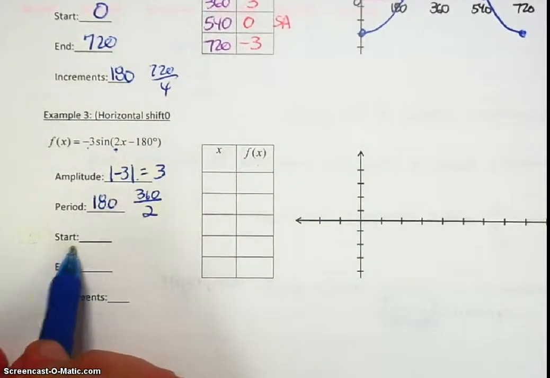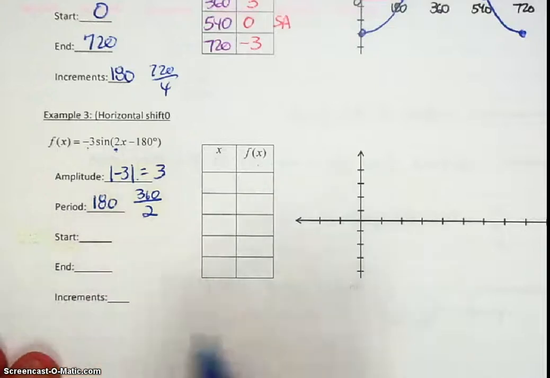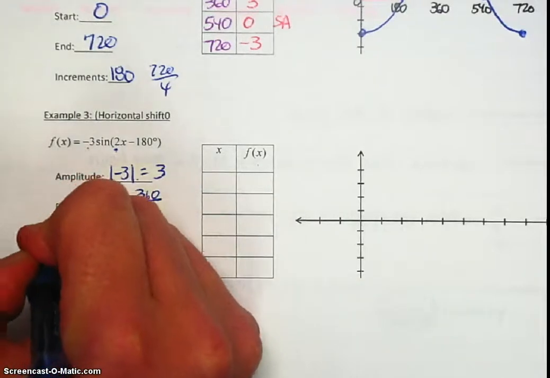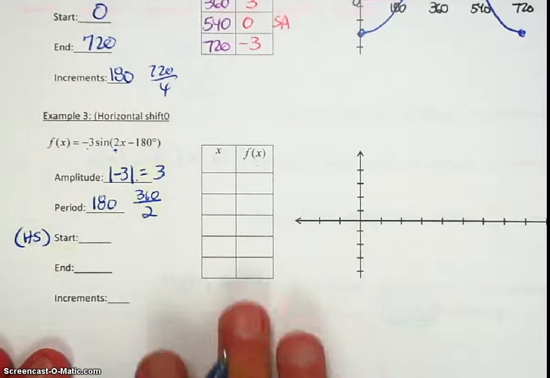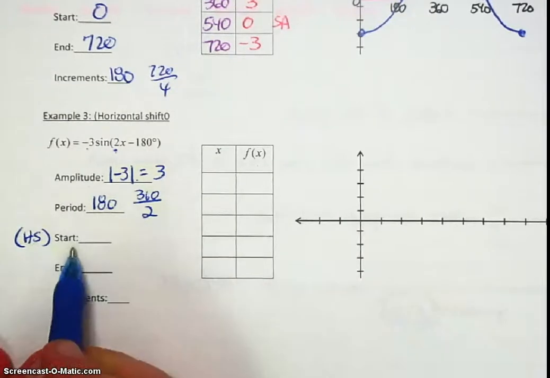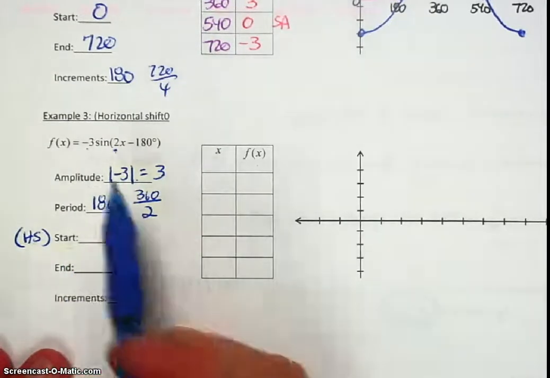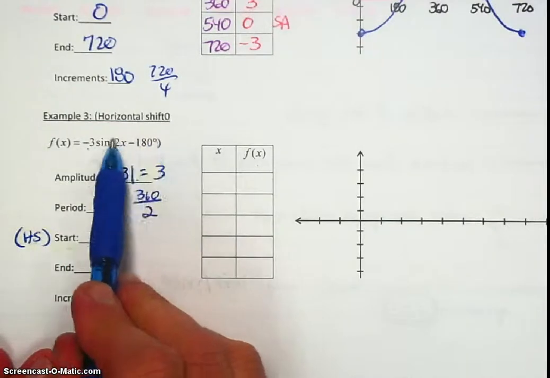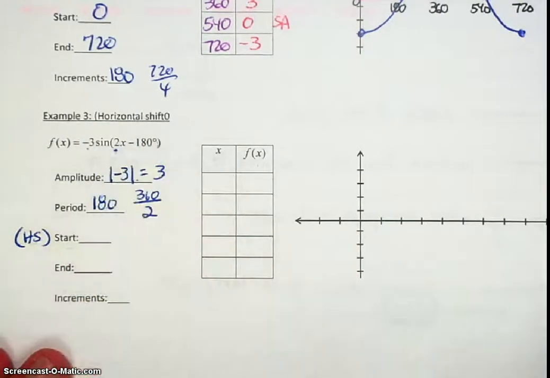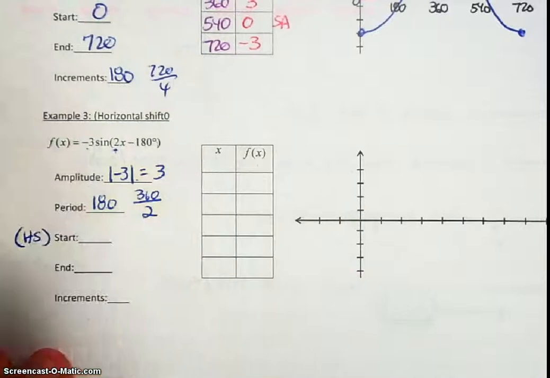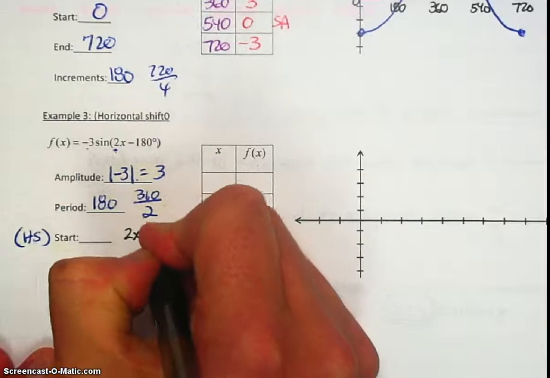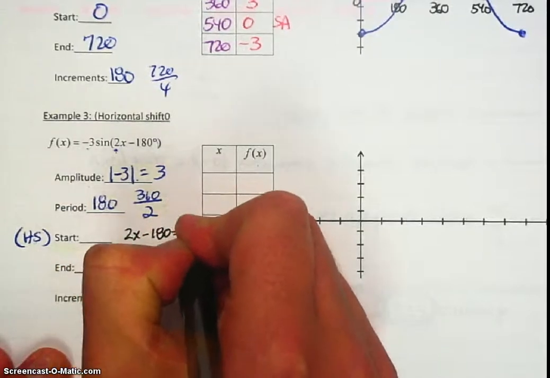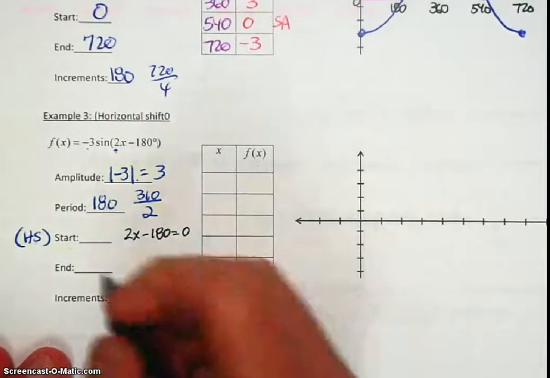Now here's where the difference comes in: our starting point. This starting point is also what's called the horizontal shift. That means the graph is going to shift either to the left or to the right. To find that, it's what we just talked about on the front. You take what's in parentheses and set that equal to 0 and solve it. So I'm going to take 2x minus 180 and set that equal to 0 and solve it.